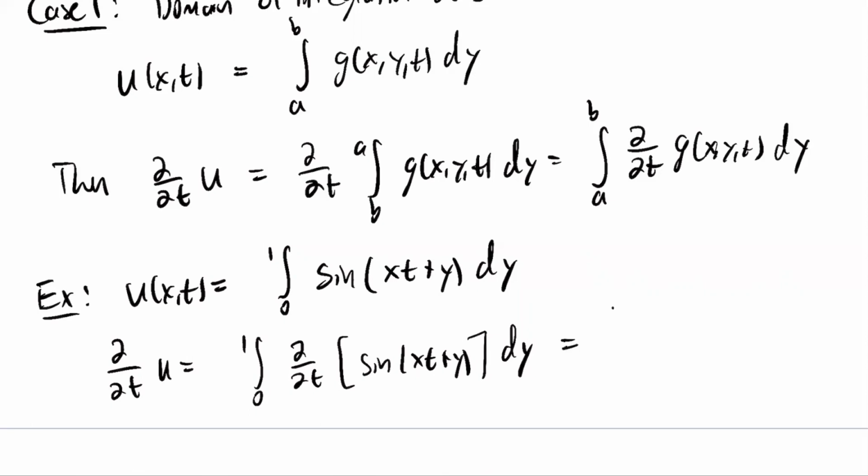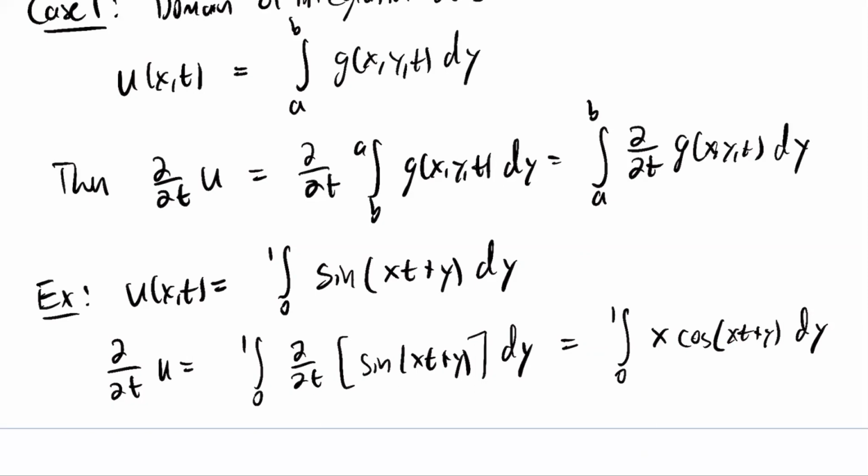So this is equal to the integral from 0 to 1. Well, the derivative of sine is cosine. But now I have to use the chain rule because I had this x times t, and so by the chain rule, there's an x that has to show up here.